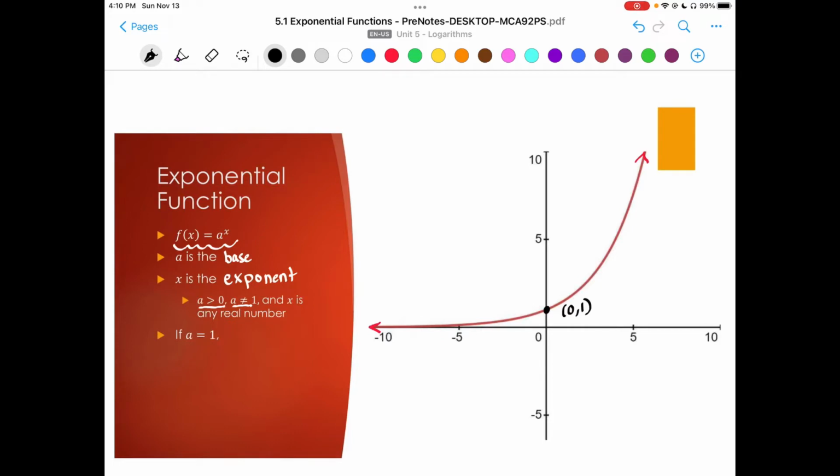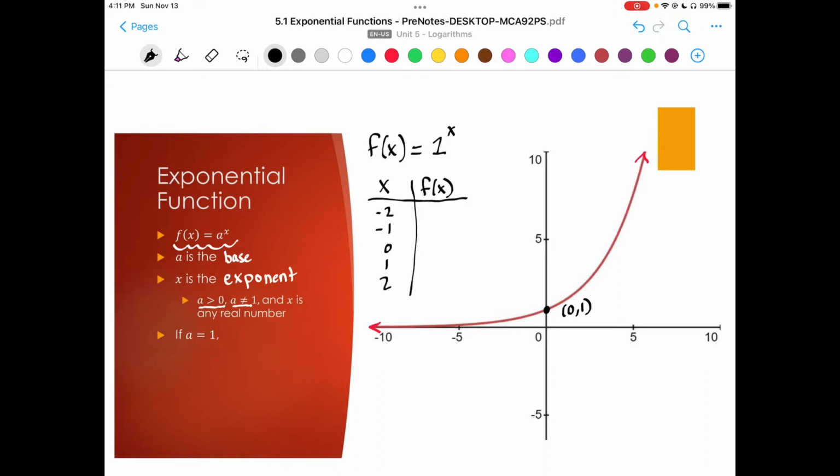So let's see what happens if a equals 1. Let me just make a quick little table. I'm going to say f of x equals, let's say, 1 to the x. I can start off with, we'll say, -2, -1, 0, 1, 2.